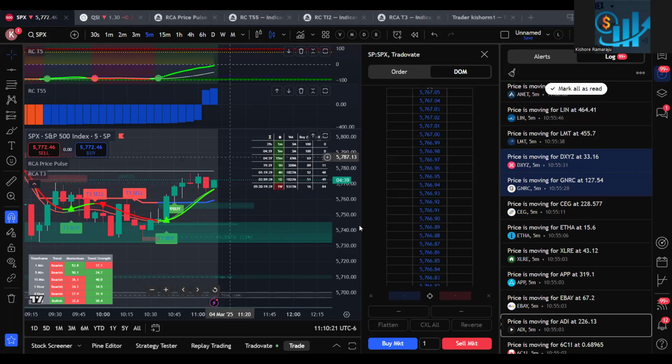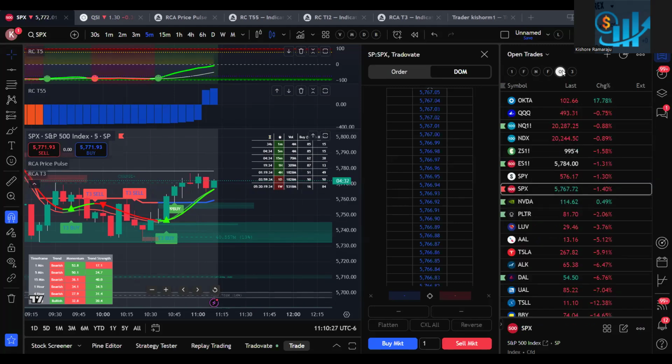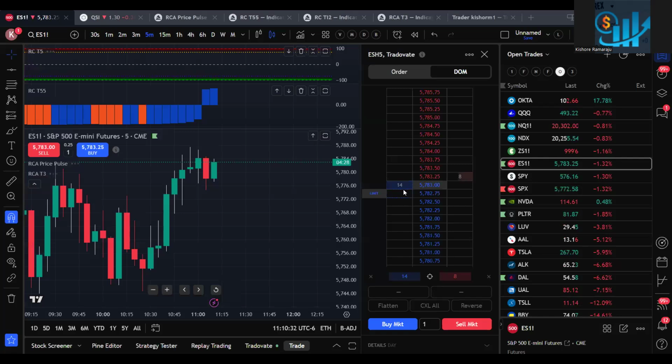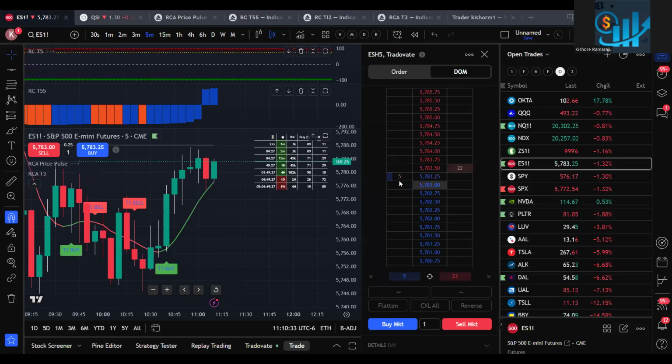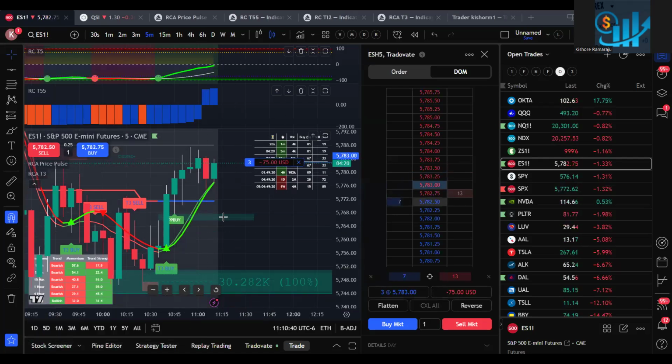So now SPX started going up, so now I can go to ES. We can also take a long on ES. So I took a long position on ES.